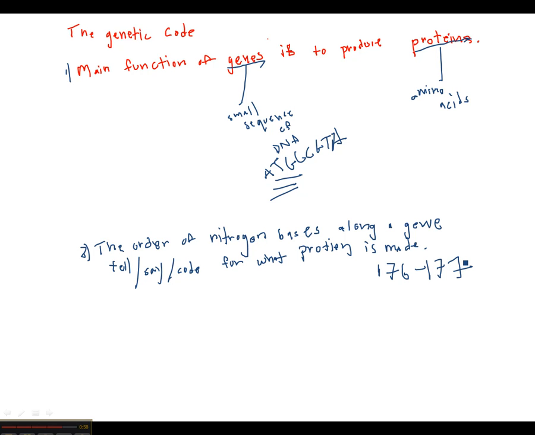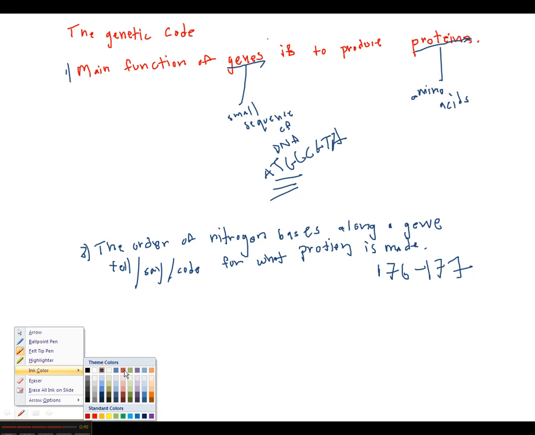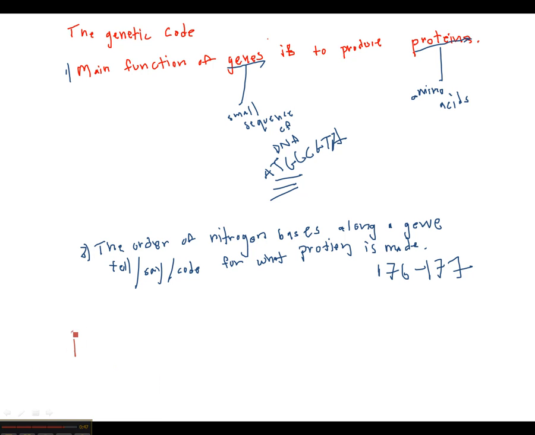The last thing, protein synthesis, that's what this whole thing is about. And I'm just going to write one sentence about it now in red. Protein synthesis is the process of producing proteins. Protein synthesis, putting together.